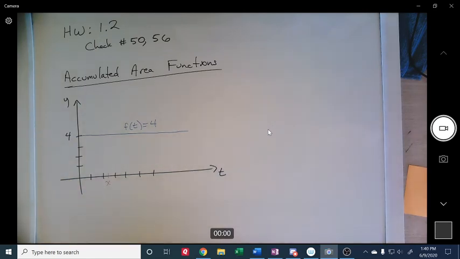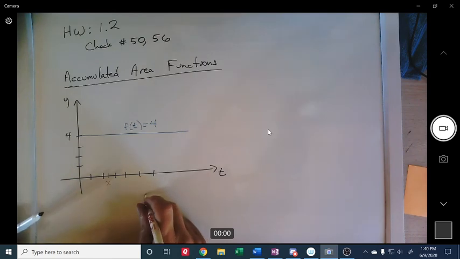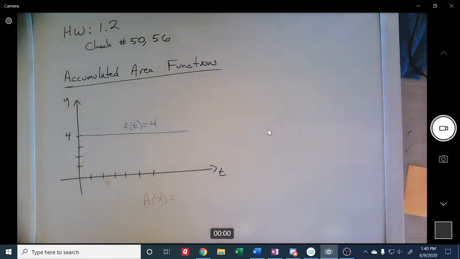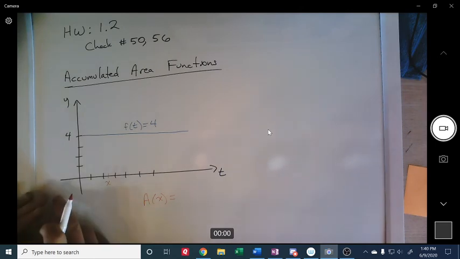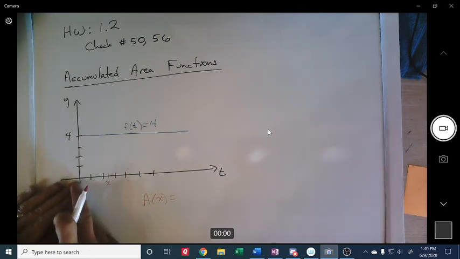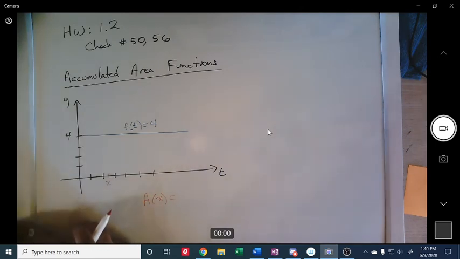The accumulated area function A of x is how much area I have accumulated as I've moved from 0 up to x.